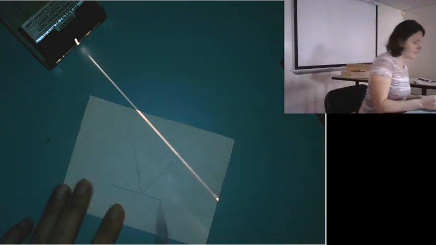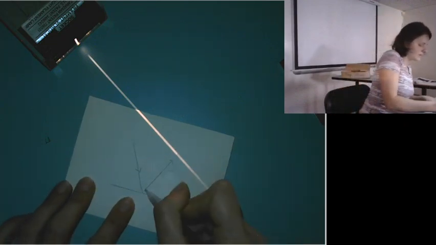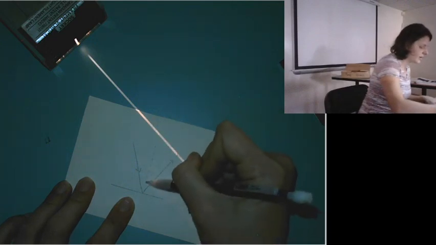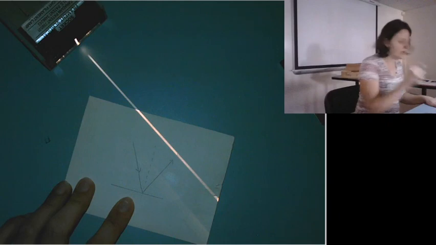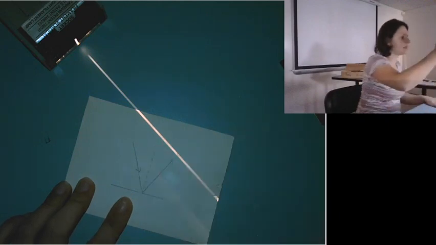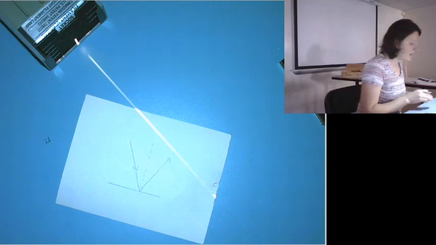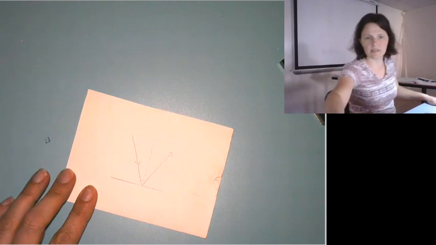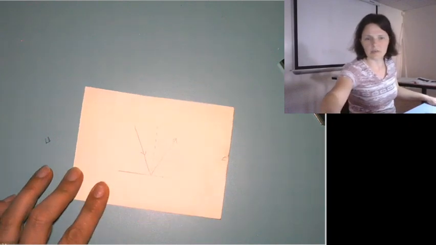I want to keep the lights off for a minute. I think you can still kind of see this. Okay, so we need to draw a normal line. This is a line that comes out that is perpendicular to the surface. Okay, so we got our normal line.